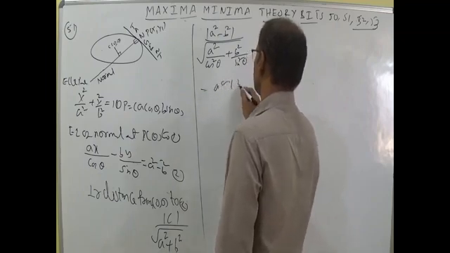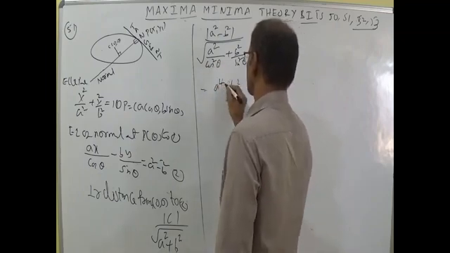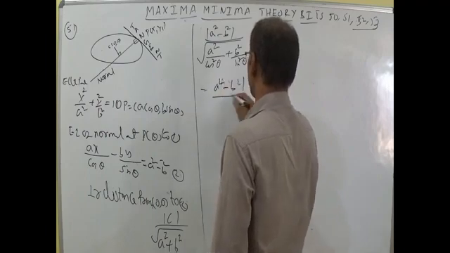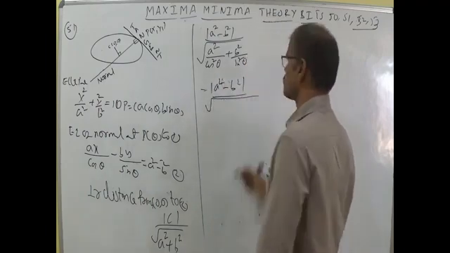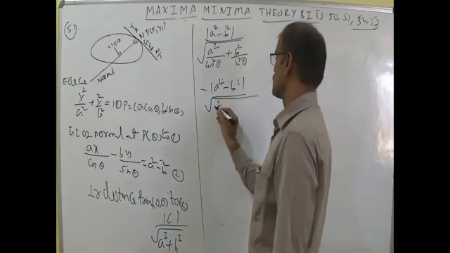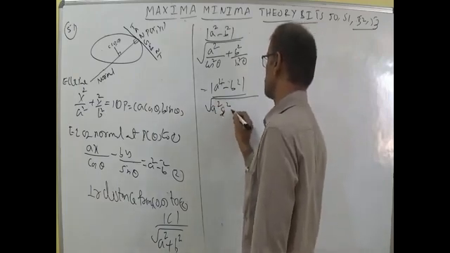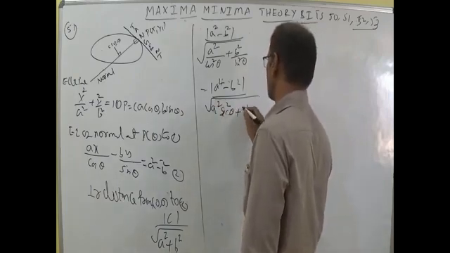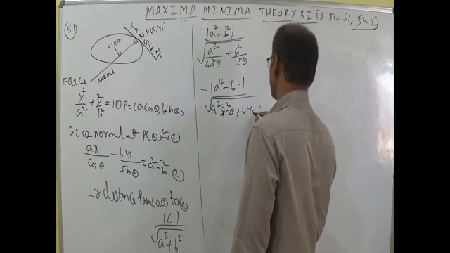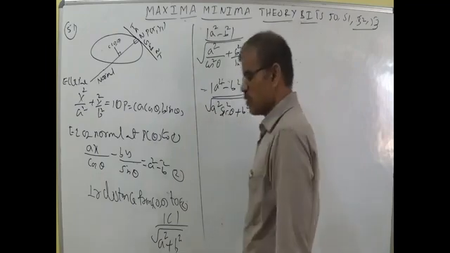Now you can write this as the modulus of a square minus b square over root of a square secant square θ plus b square cosecant square θ.